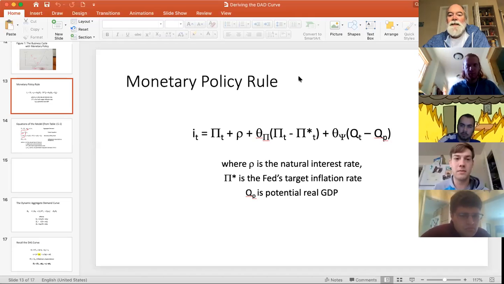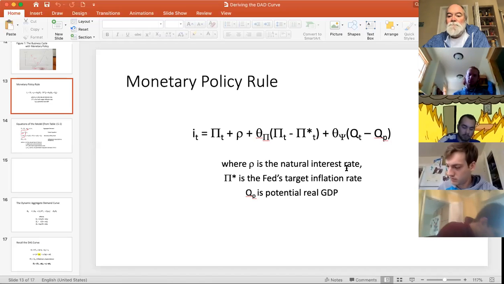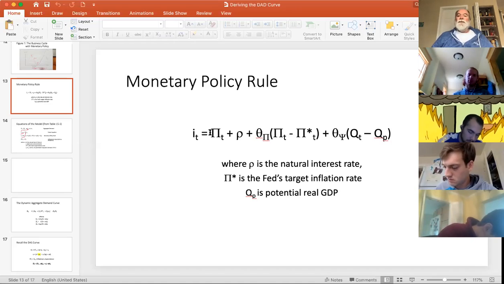Lower. Yes, it means there would be a natural tendency to stay in a recession for a long time. And that, by the way, is what a lot of economists think we're in. This is called secular stagnation.